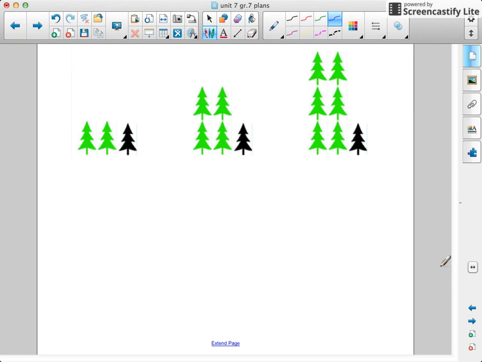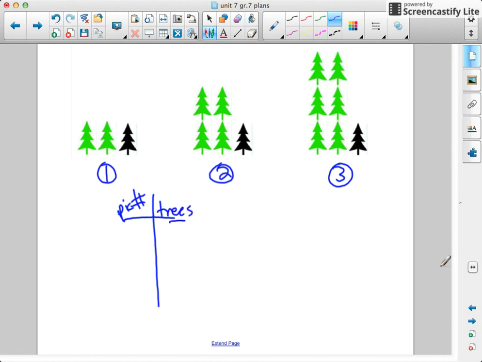Okay, let's do this example with trees. So this is picture number 1, 2, 3. Now if you notice, the black tree is remaining the same. That's going to be our constant. So if I did a table of values with picture number and then number of trees, so 1, 2, 3, I have 3 trees in this one, 5, 7, and the pattern would continue.